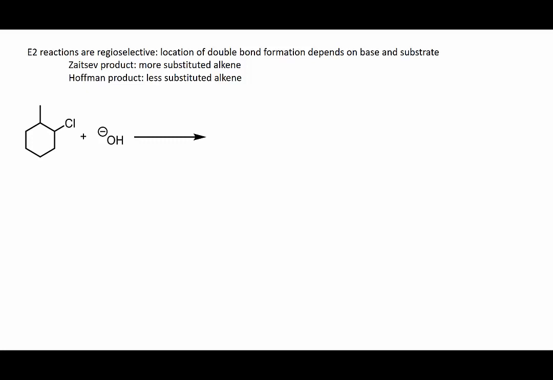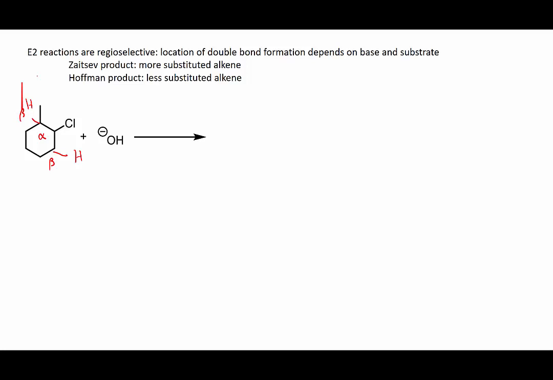If we have this cyclohexane molecule and we draw in the beta hydrogens, remember the site of the leaving group is the alpha site, so we have a beta site here and a beta site here. We have a beta hydrogen here, and we have a beta hydrogen here.